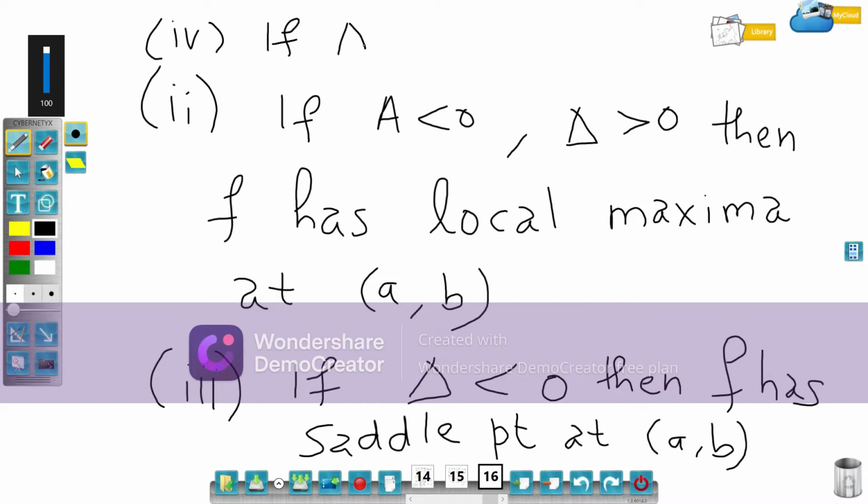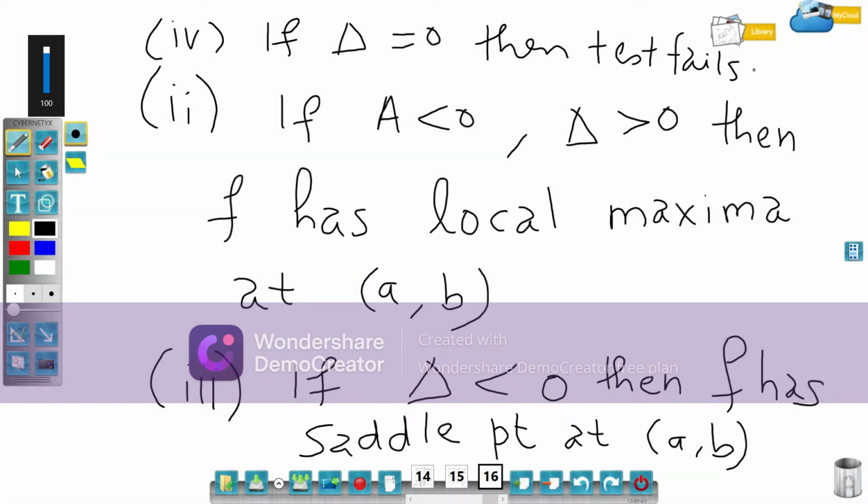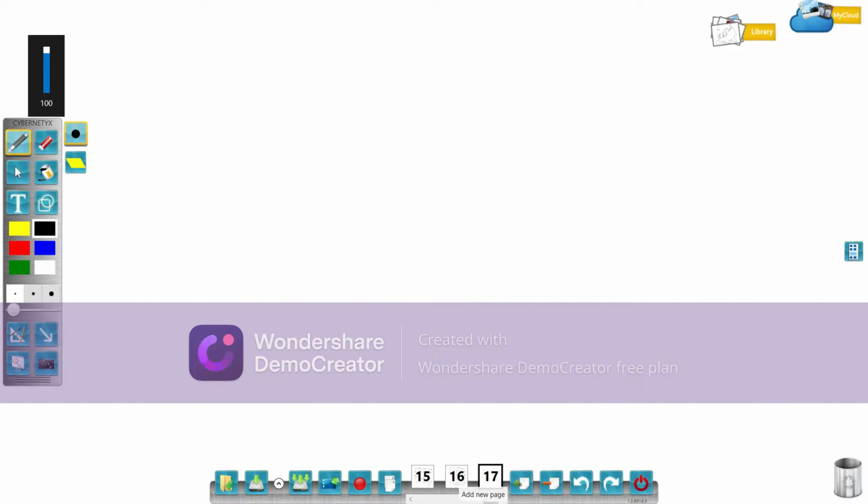If delta is equal to 0, then the test fails, you cannot apply the test. Okay, so let's have one example. We will use this theorem to find the local maxima and local minima.